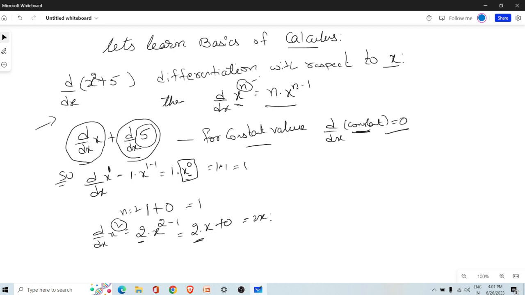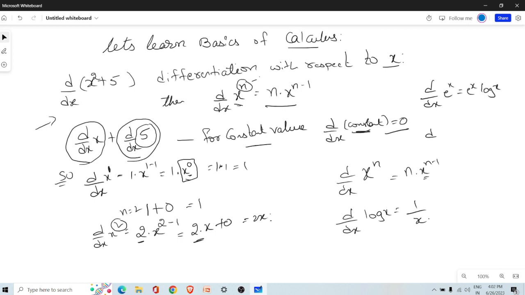Let us try to understand. D by dx of x power n is n into x power n minus 1, and d by dx of log x is 1 by x. D by dx of e power x is e power x. D by dx of a power x is a power x log a.